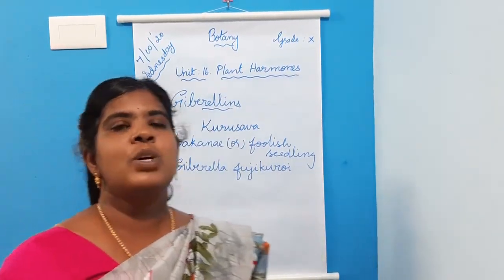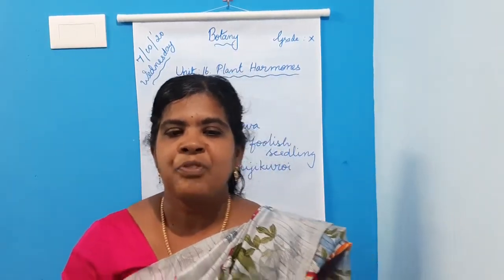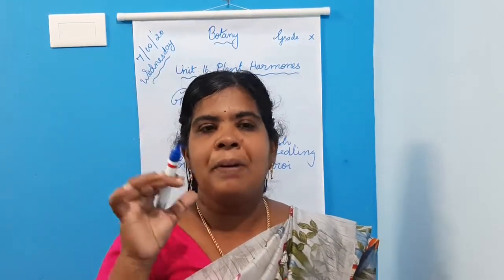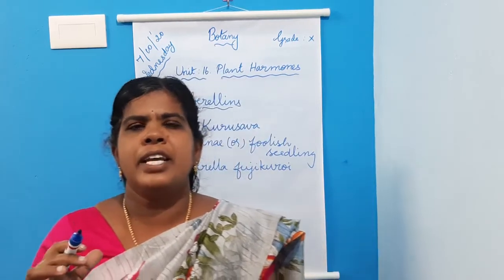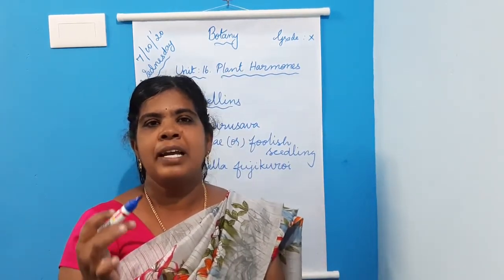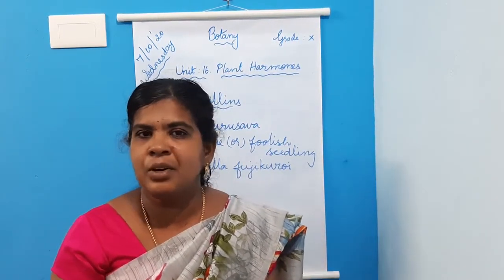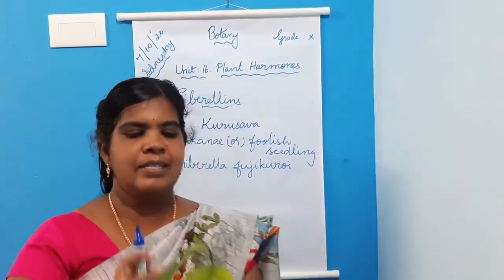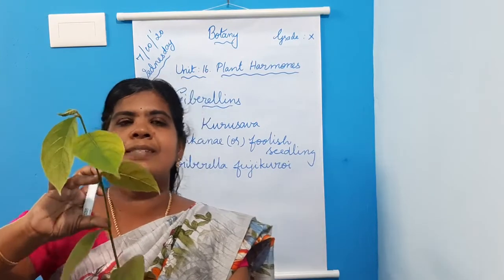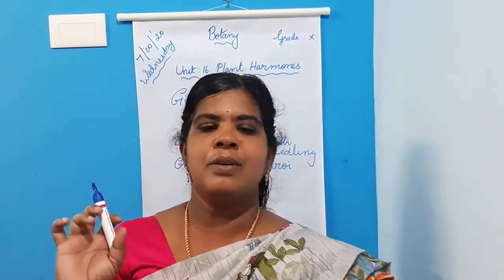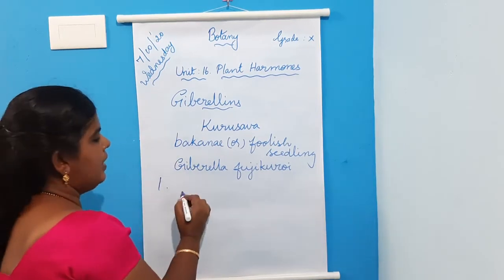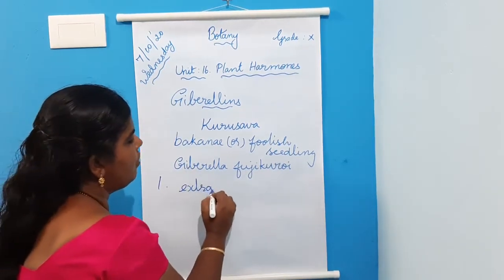Now, the physiological effects of gibberellin. First, application of gibberellin on plants stimulates the extraordinary elongation of internodes. Do you know what internodes are? The distance between the 2 nodes is the internode. So the first physiological effect of gibberellin is the extraordinary elongation of internodes.